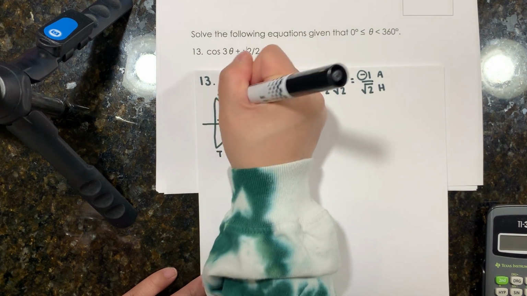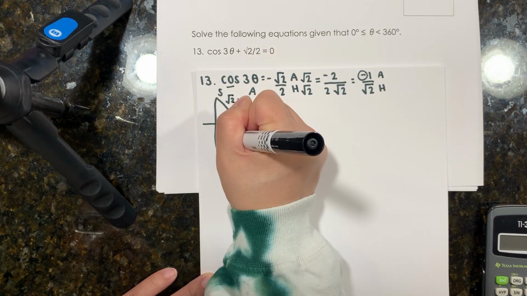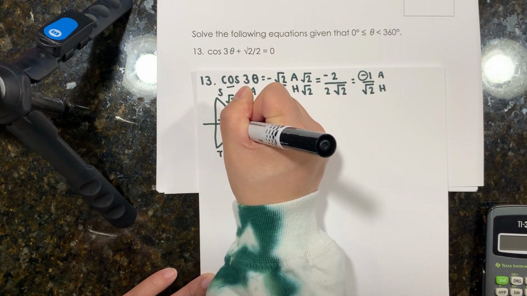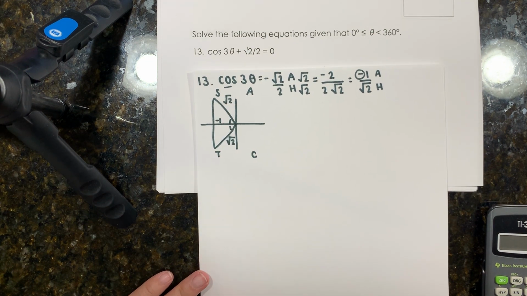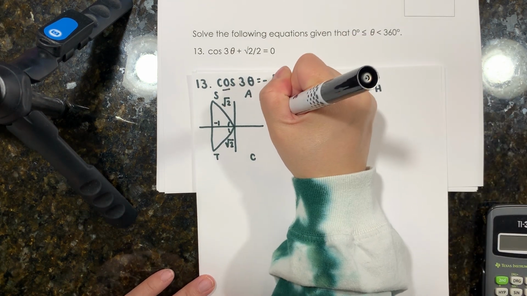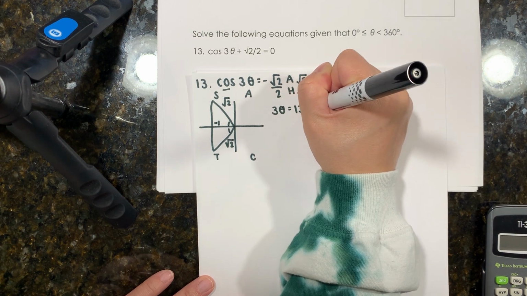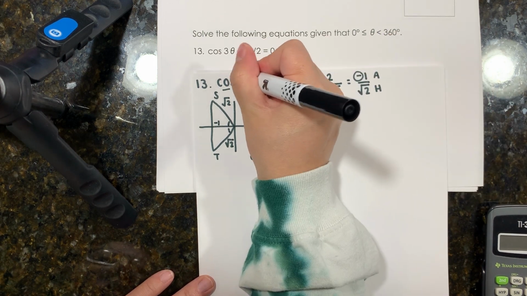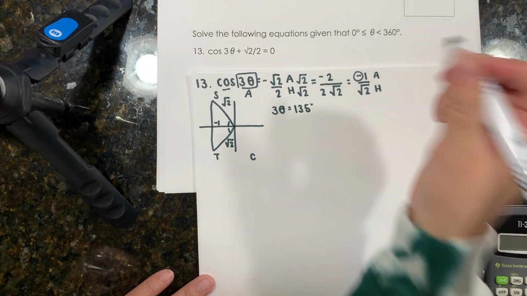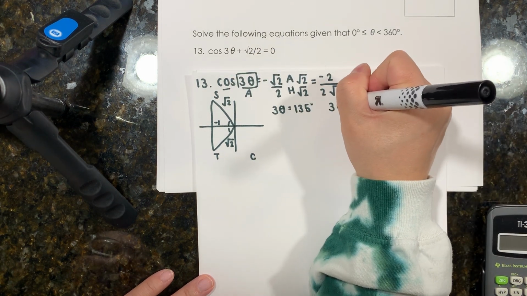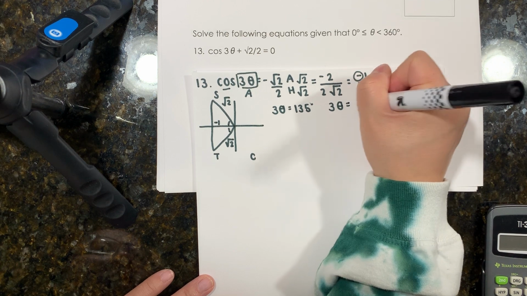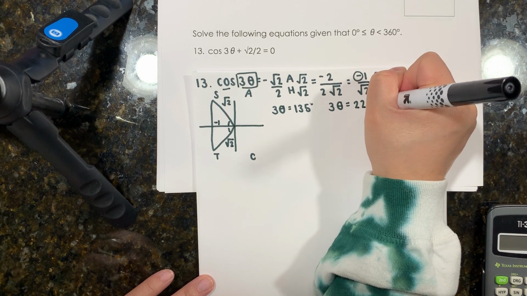If the adjacent is negative 1 and the hypotenuse is root 2, I know that this is a 45-degree triangle. So for quadrant 2, I would set 3 theta equal to 135, because remember we have that 3 that's attached to the theta. And then for quadrant 3, I would have 3 theta is equal to 225.